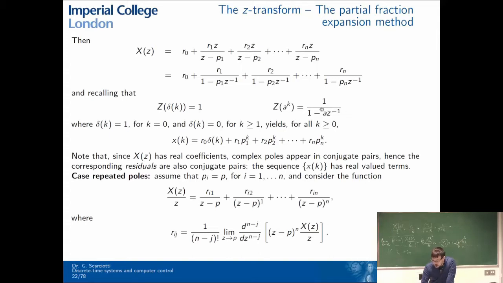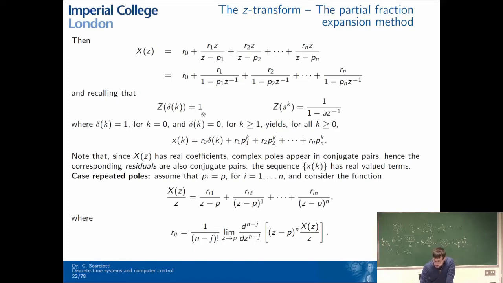So if we look at this particular fraction here, this is equal to r1 times p1 power k, using this expression here. And the other transform that appears is the transform of 1, because r0 is basically r0 times 1.